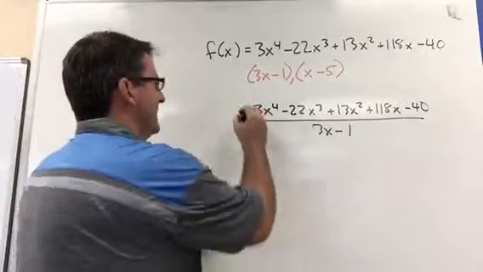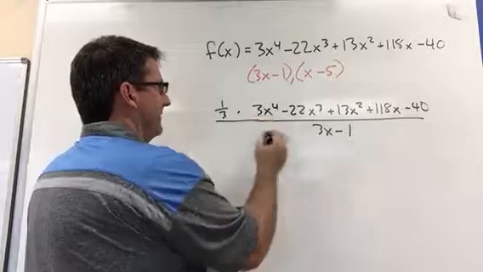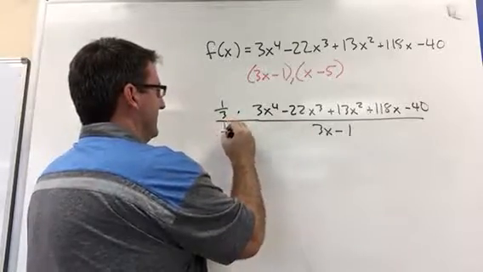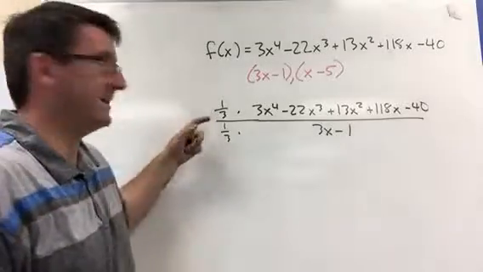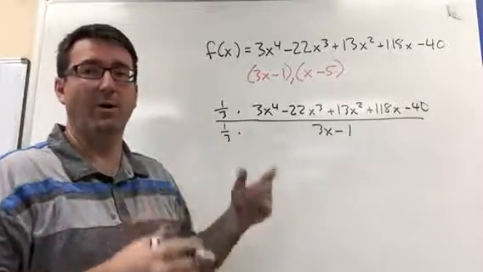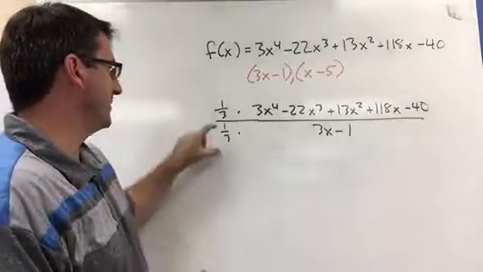Or, in other words, multiply the top by 1/3, and we could multiply the bottom by 1/3. And we can do that because 1/3 divided by 1/3 is just 1. We can multiply anything by 1 without changing it.